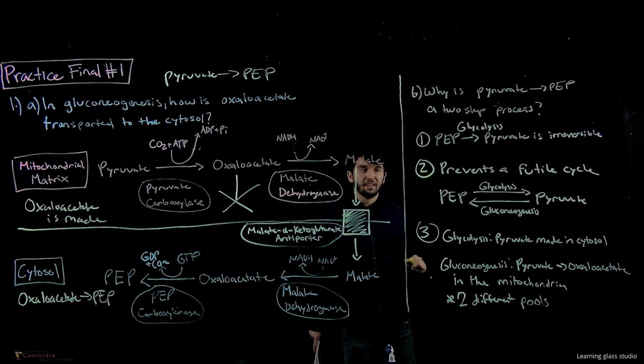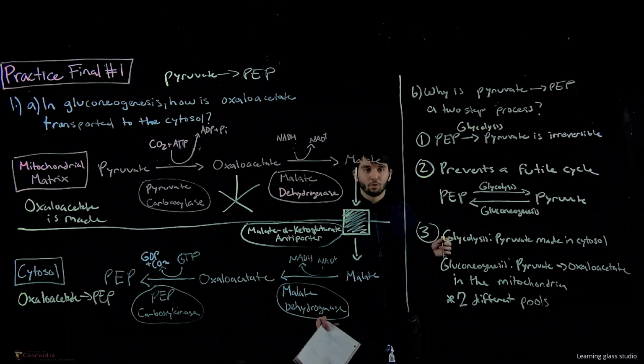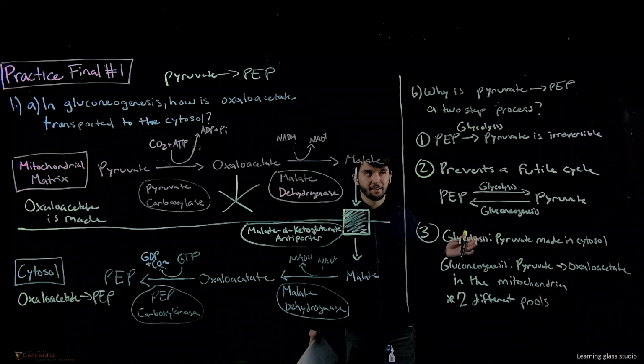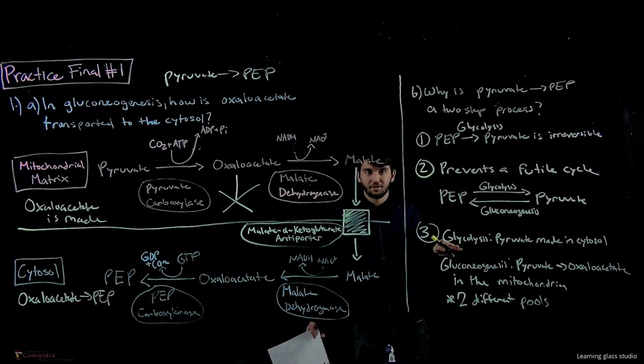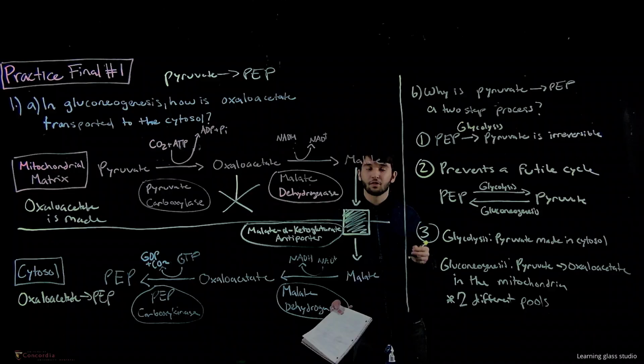So instead of doing this reaction that is not reversible, the cell does a different reaction to get from pyruvate to phosphoenolpyruvate. It also has to input a lot of energy, because the reaction phosphoenolpyruvate to pyruvate is favorable in glycolysis, but pyruvate to phosphoenolpyruvate just reversed is not favorable, with a positive delta G. So in order to make the reverse reaction favorable, a different reaction is used that utilizes quite a lot of ATP and GTP.